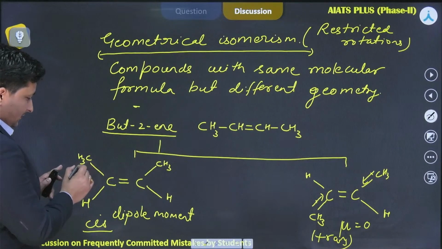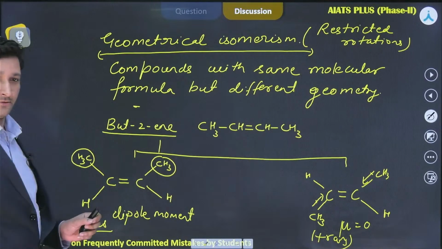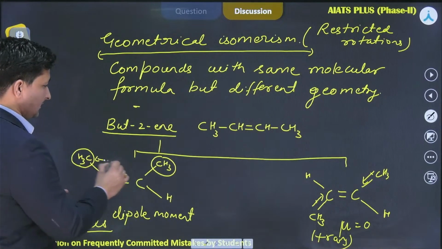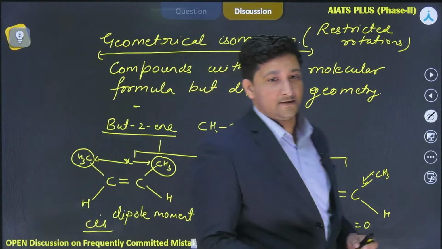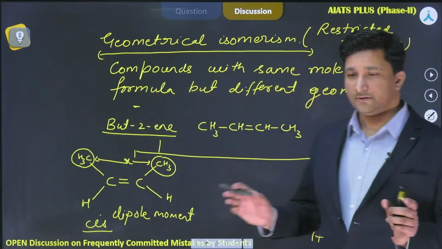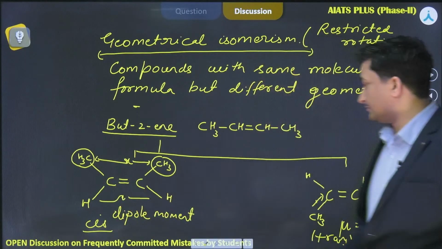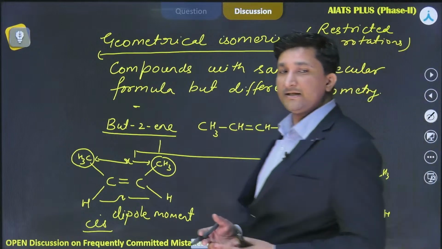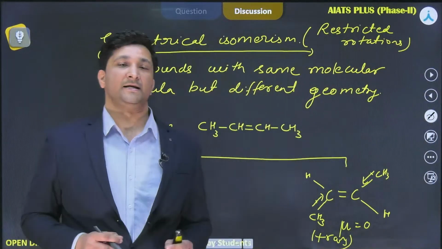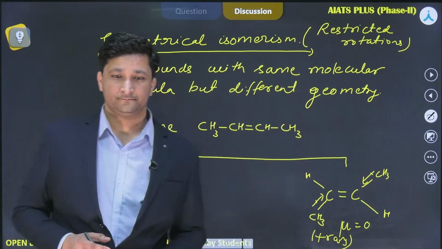If I talk about the distance between CH3 and CH3 in this molecule, they have a certain distance x. Again, H and H are present at different places, so let us suppose this distance is also x. But in this compound, the distance between one CH3 and the other CH3 has definitely increased. It is different from here. So the geometrical parameters of these two compounds are different.